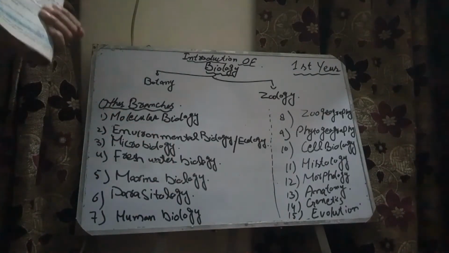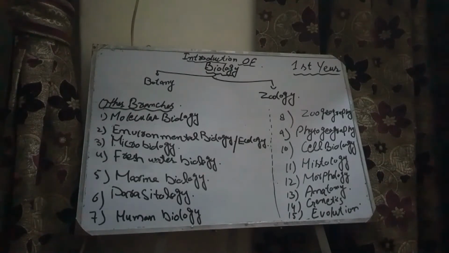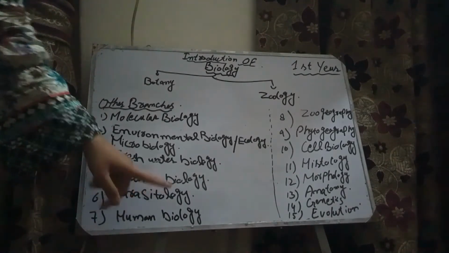Next branch is parasitology. Parasites, what are parasites? Parasites are those organisms which are basically dependent on other organisms. So in this category, we study how they infect, how transmission occurs, what their life history is, and what is the relation of the parasite to the organism on which it is dependent.